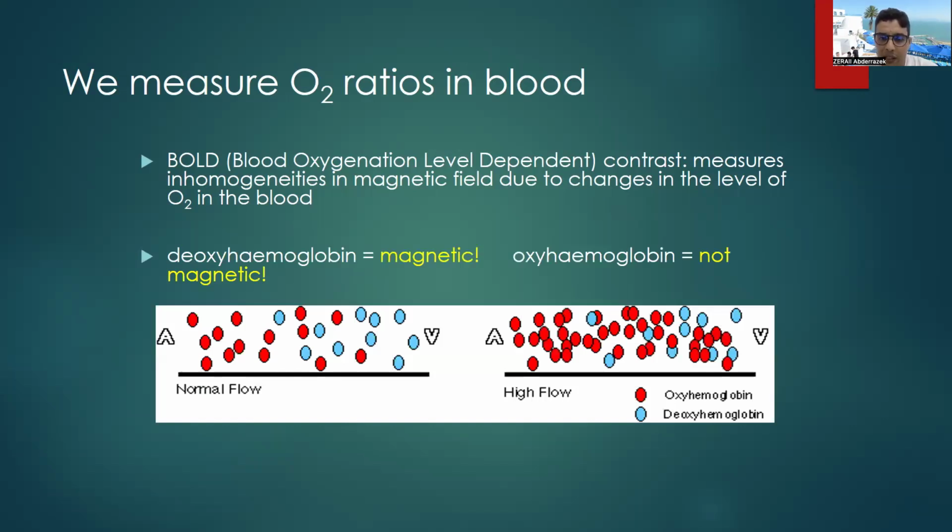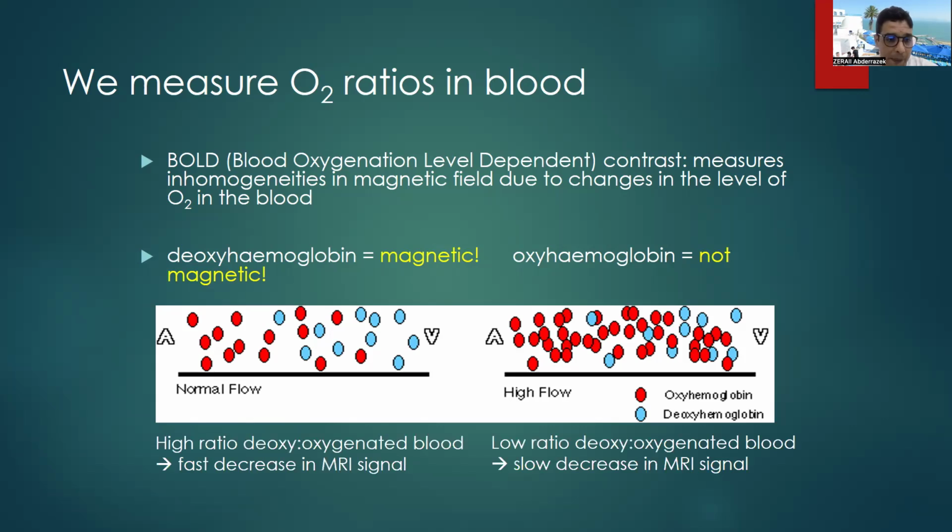So it's a relation between magnetic blood and non-magnetic blood: the deoxyhemoglobin and oxyhemoglobin, which is the blood oxygenation contrast. It's a measure between the oxyhemoglobin and the deoxyhemoglobin contrast.